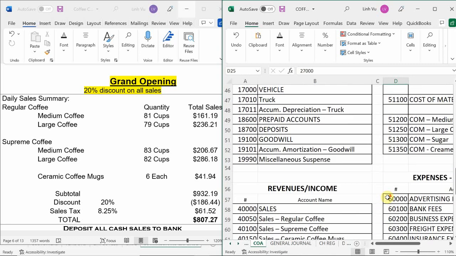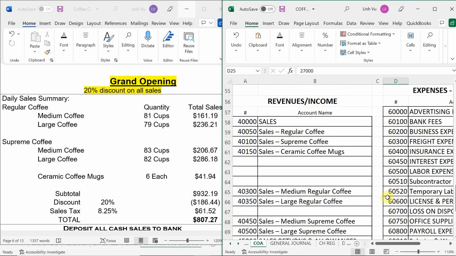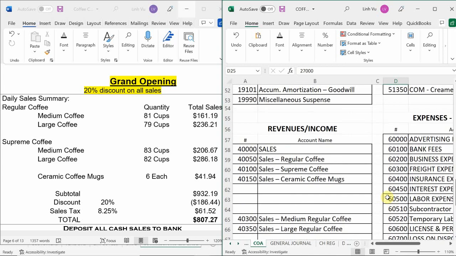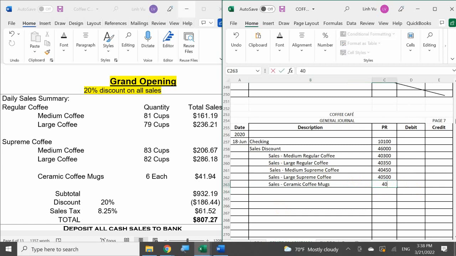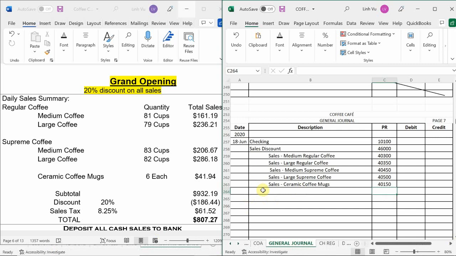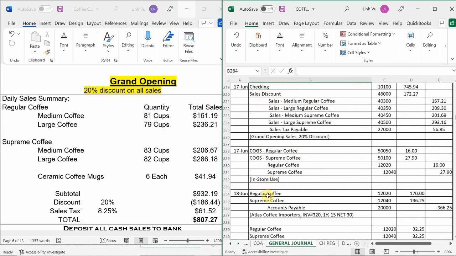Sales for the ceramic coffee mugs, account number 4100. Or 4150, I think. And of course, we have to put in sales tax.